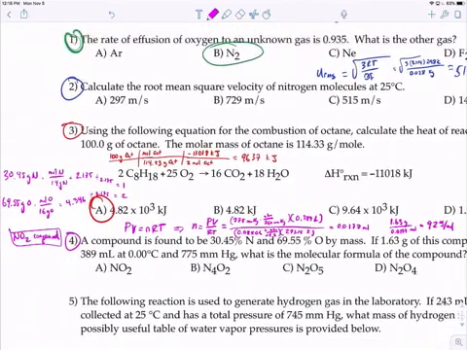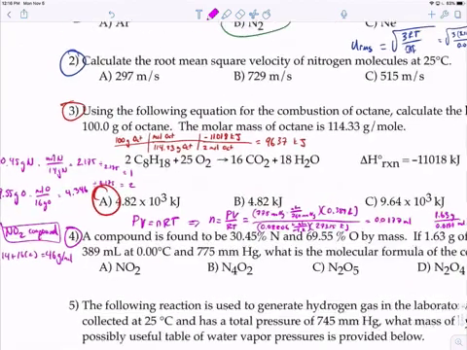So where do we go from here? NO2 is 14 plus 16 times 2, so 14 plus 32, this is 46 grams per mole.